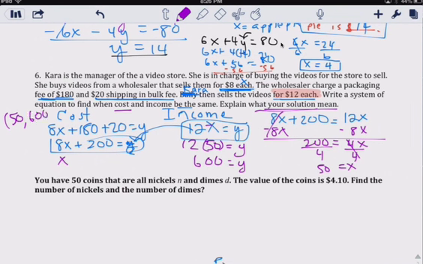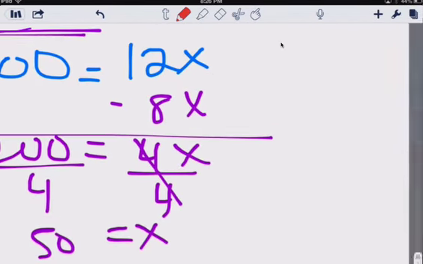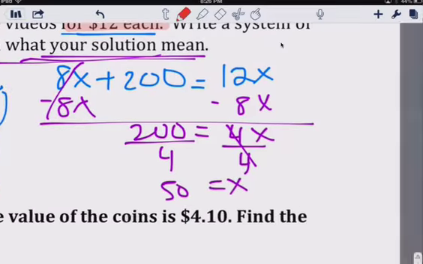Okay, because you need to explain your solution, this is your solution. I need to write it tiny right here, you guys, because I ran out of room. I write too big.